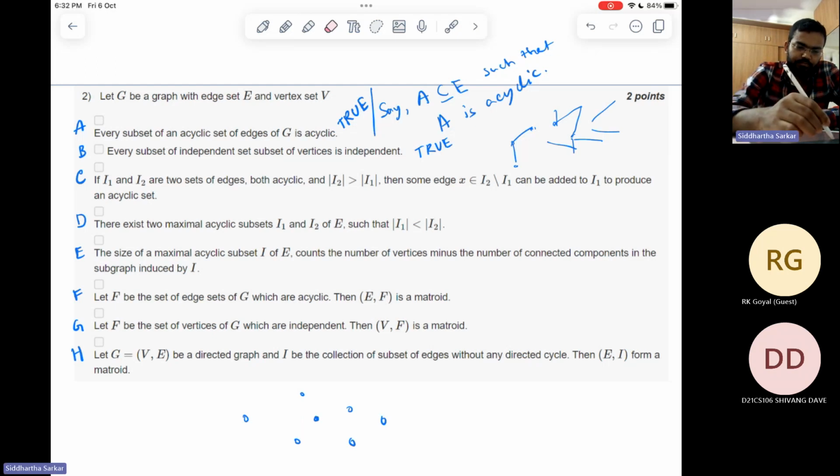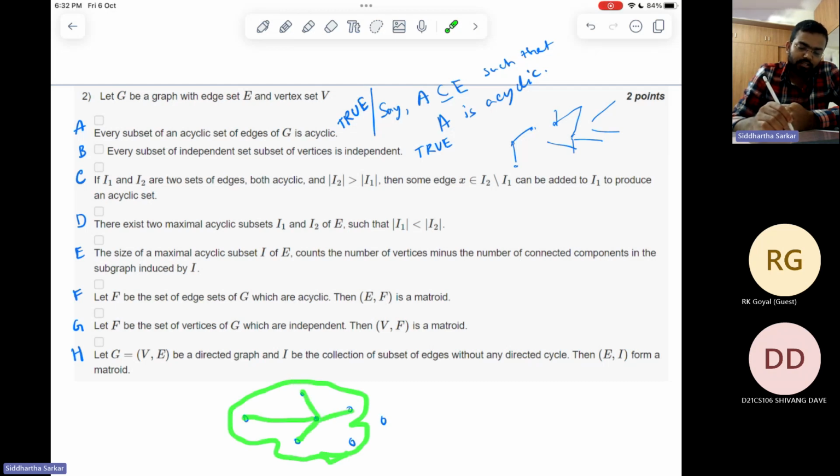This is an independent set because there is no edge between any pair of vertices, then any subset of the independent set is also going to be independent because the fact that there is no edge between any pair of vertices in the subset is still true.